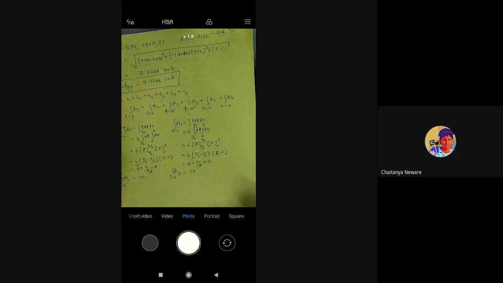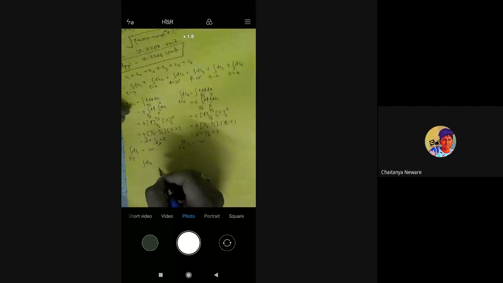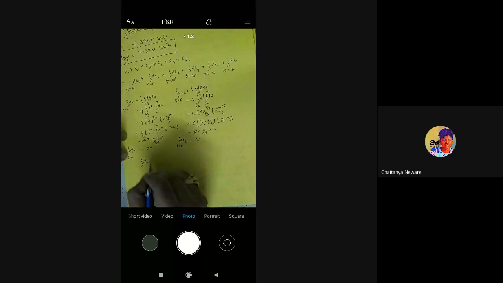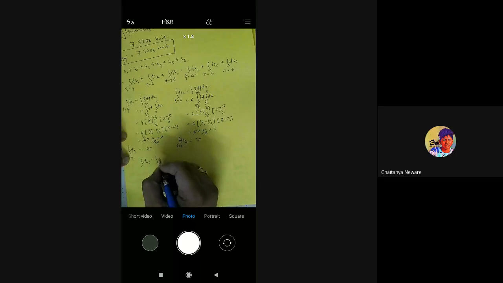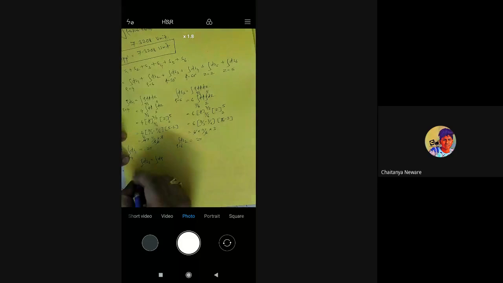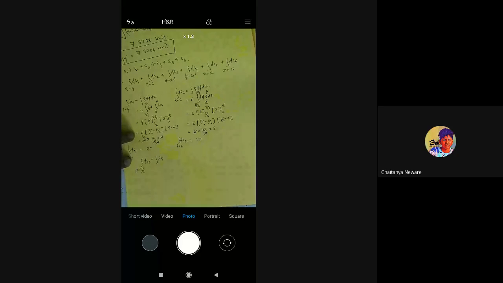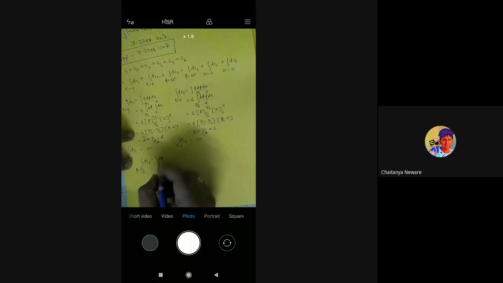Okay, now we have to find dS3. dS is d rho dz at phi equal to pi by 6, which is the surface area.